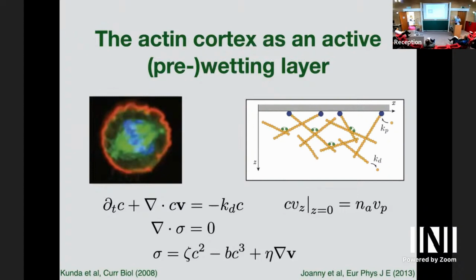The active terms I've written so far as zeta delta mu times something. What turns out to be important in order to get anything reasonable, and to get anything at all, is that we have to make another extension, and that is we have to make the active stress dependent on the density.